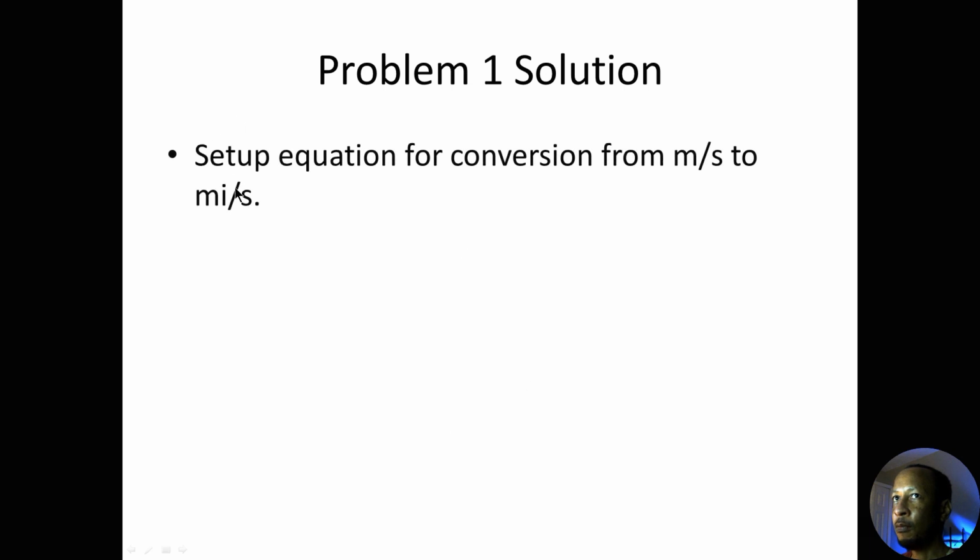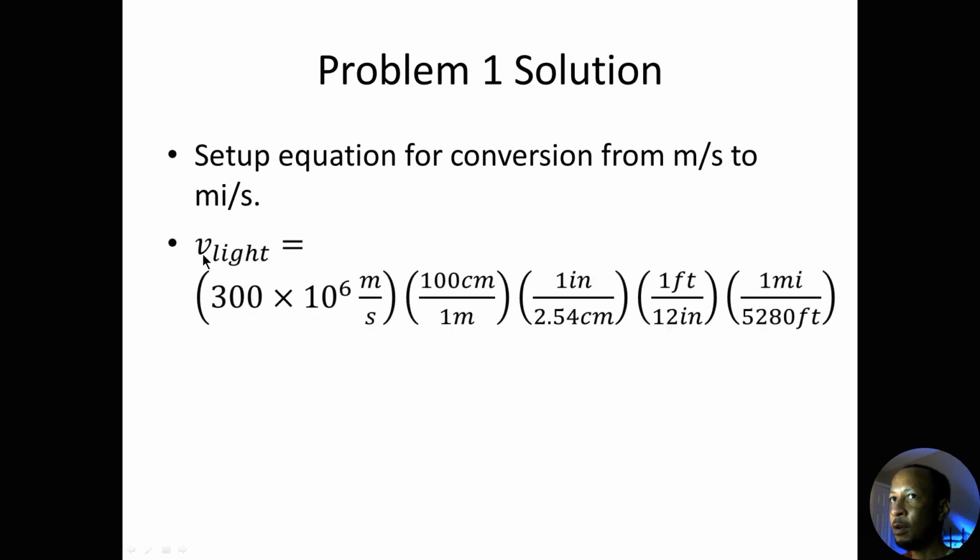Okay, so next, I'm going to set up the equation for conversion from meters per second to miles per second. The velocity of light equals 300 times 10 to the 6 meters per second times 100 centimeters per meter times 1 inch per 2.54 centimeters times 1 foot per 12 inches times 1 mile per 5,280 feet.